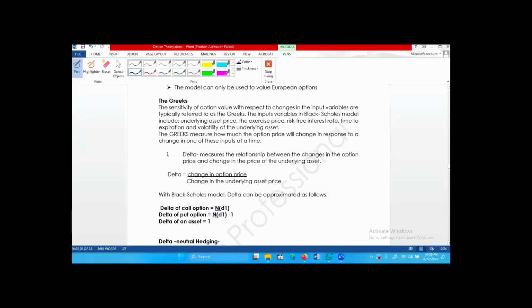And delta of an asset is 1. Please, you are going to memorize this: delta of call, delta of put, delta of an asset. Delta of an asset is equal to 1. An asset could be stock, shares, bond, foreign currency.